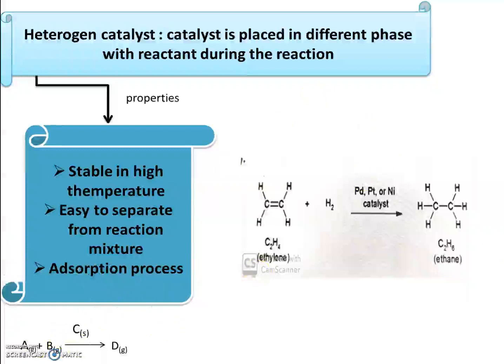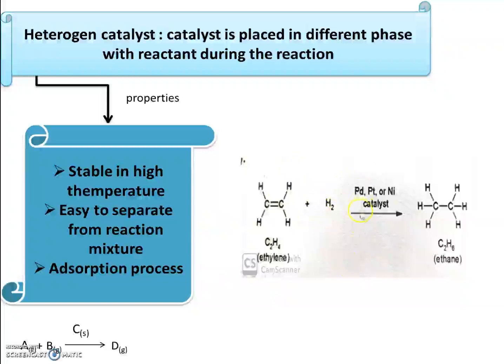Let's see the example here. To produce ethane, we need ethylene as reactant and hydrogen gas.